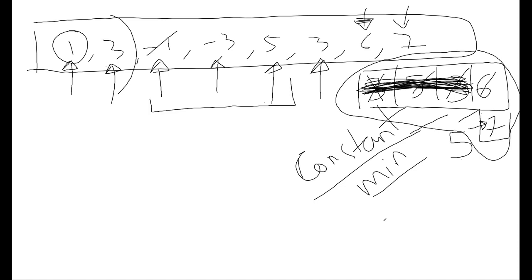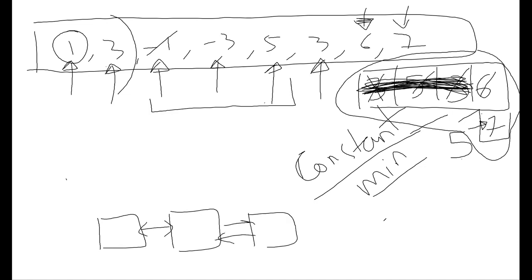So there's something called a deque. It's essentially a doubly linked list. You have each element, with pointers at both ends. This will be your start, and this will be your end.